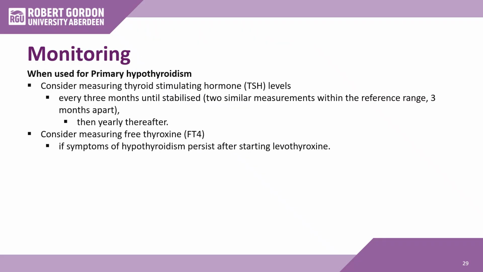So monitoring, again, is really important: measuring those TSH levels every 3 months once they're stabilized, and then annually thereafter. Okay, and then measuring the T4 if symptoms persist after taking the L4. That's not a routine test, but it varies per practice. In my previous practice, we routinely did both. Just remember that thyroid monitoring is not one size fits all.